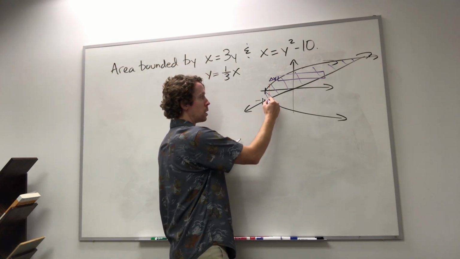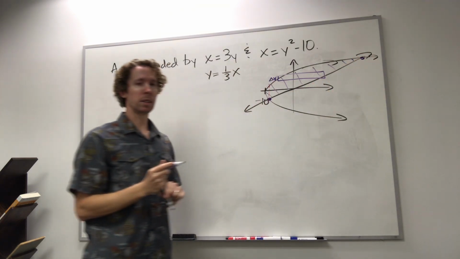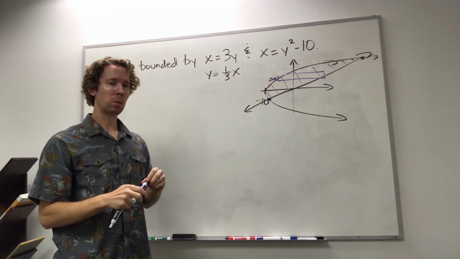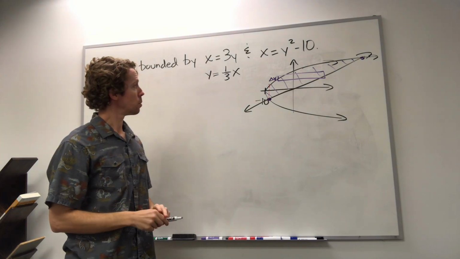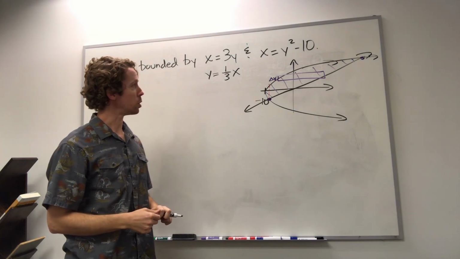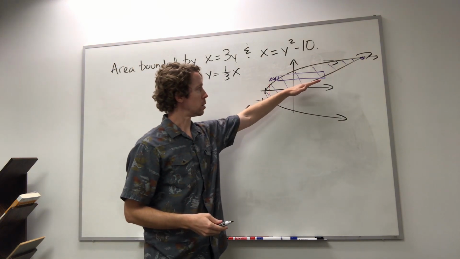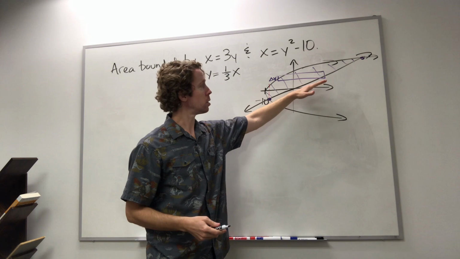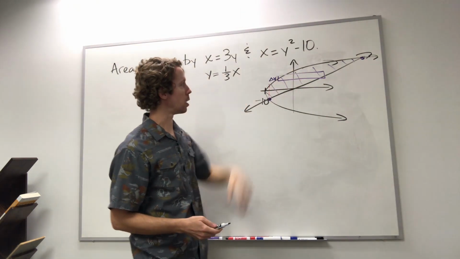I want to find these intersection points so that I can tell what my bounds will be. When I'm integrating with respect to y, I'll have this rightmost function minus the leftmost function to give me the area in between.